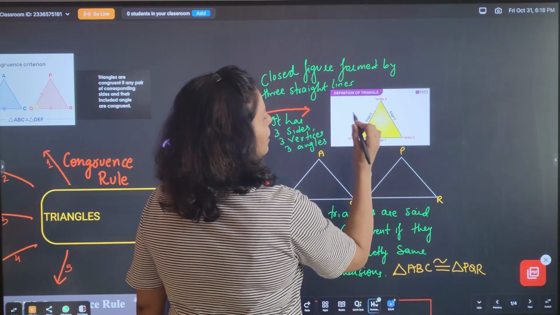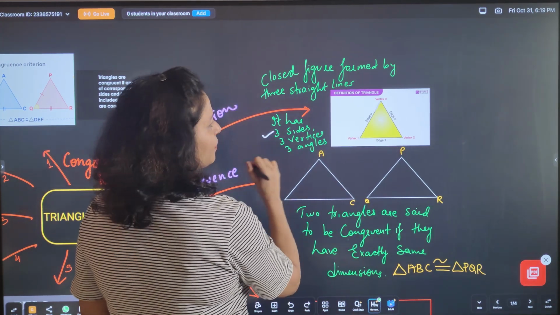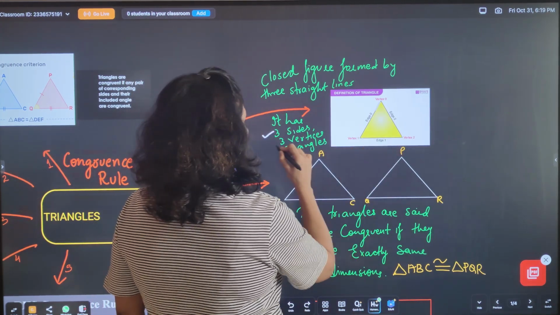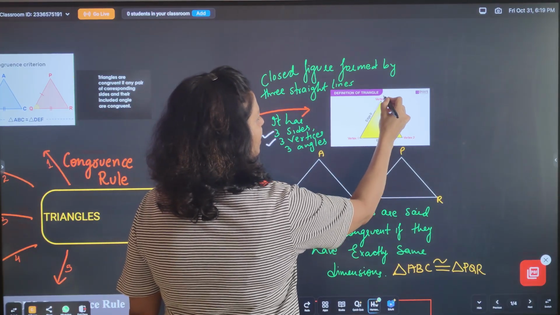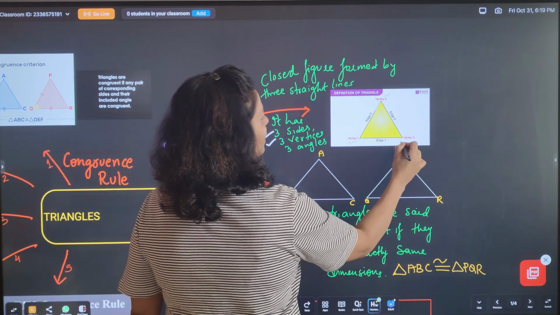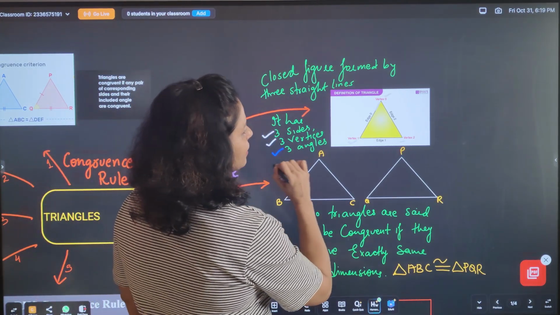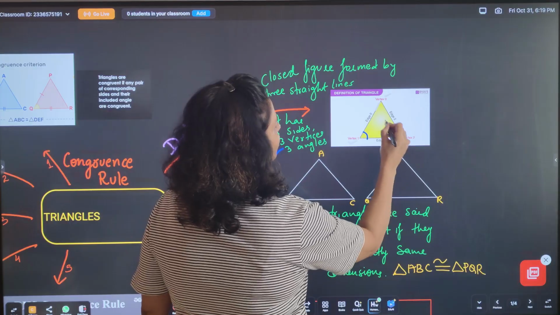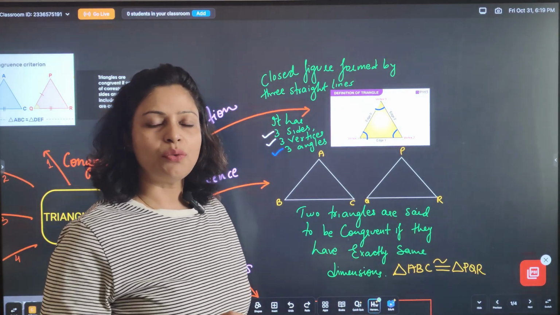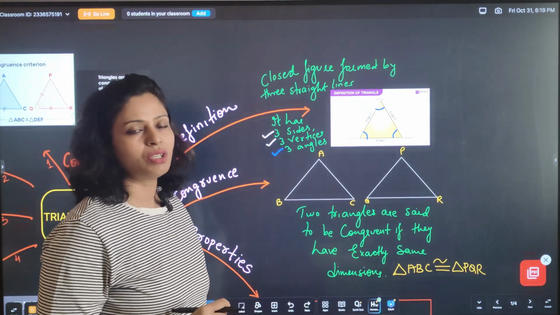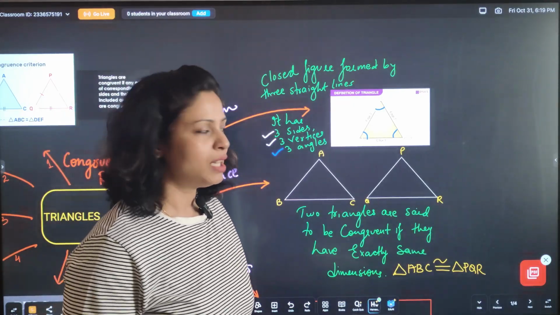It has three sides. It has three vertices, that is vertex 1, 2 and 3. And it has three angles. You can see angle 1, angle 2 and angle 3. That's how we define a triangle. It's a closed figure formed by three straight lines.